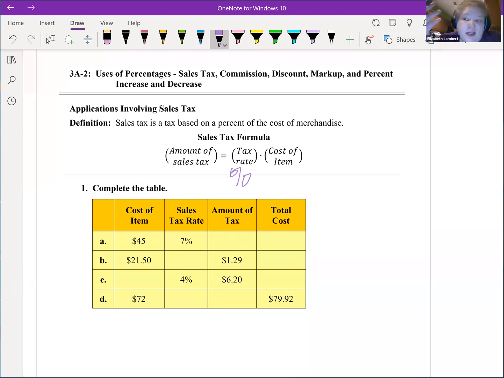You can actually think of these as is-of statements as well. X is 7% of 45, so 45 is the of. If we focus on what the numbers are, the tax rate times the cost would be 7 over 100 times 45.